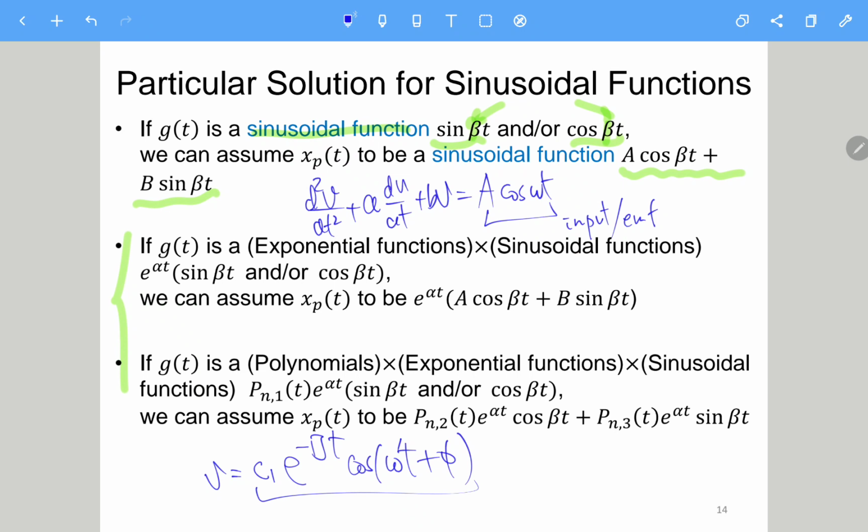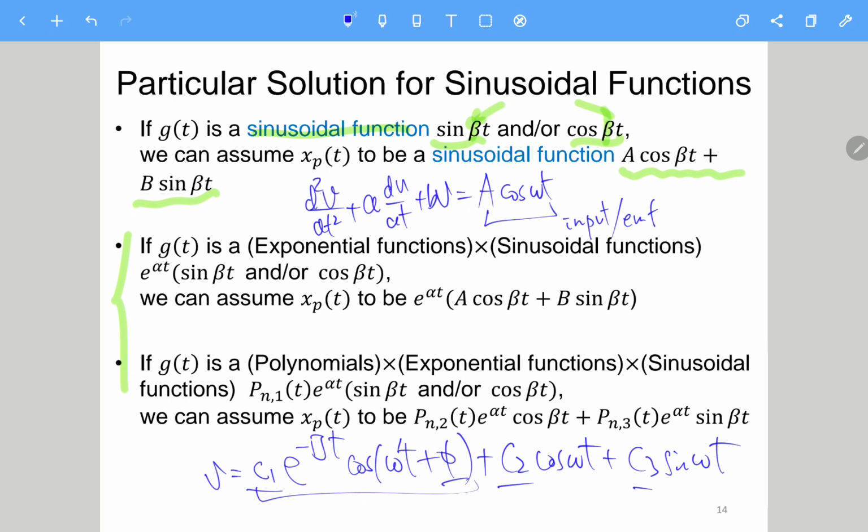Okay, so this is the damped oscillation, and then plus C2 cosine of omega t plus C3 sine of omega t. It will take lots of steps to calculate this phase and these two values. You feel this is really complicated.